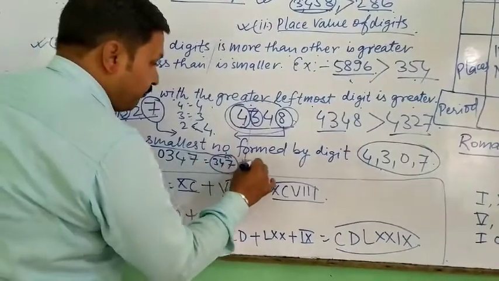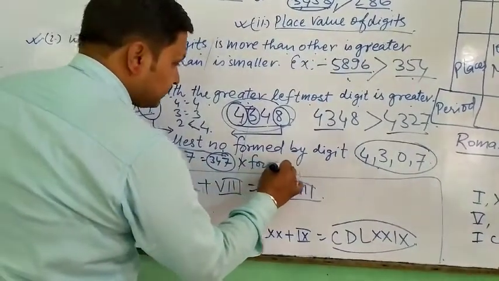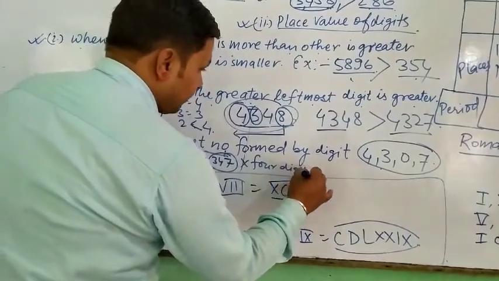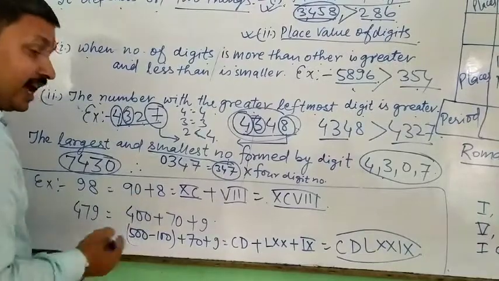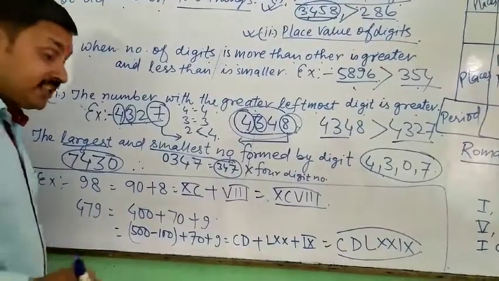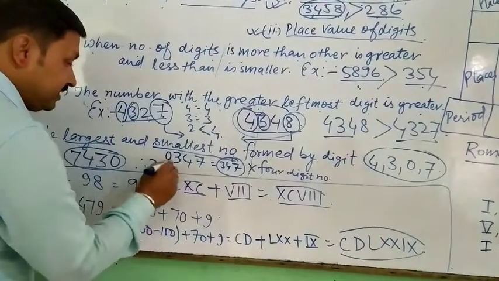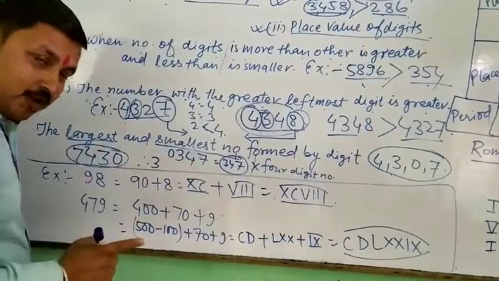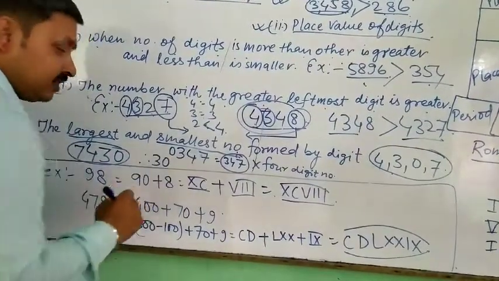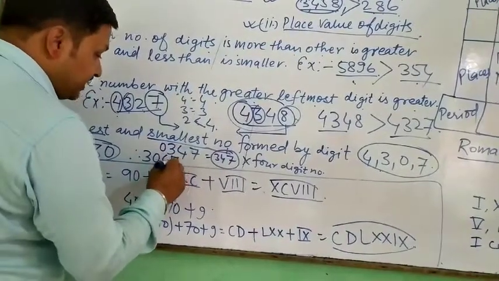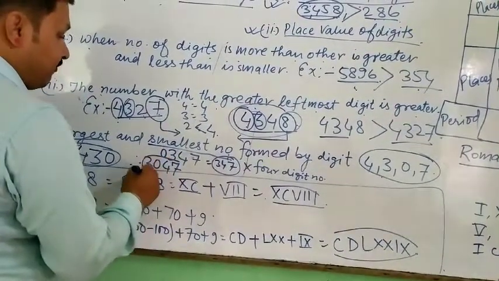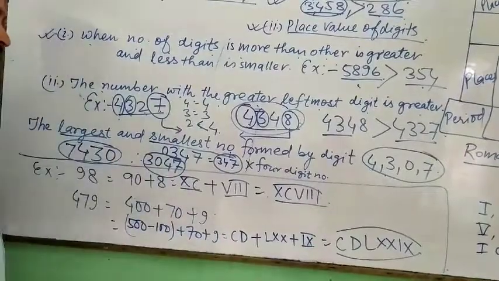This is not a 4-digit number. So we use first the second smallest digit 3, then the smallest digit 0, then the third smallest digit 4, and the last 7, and that is the smallest 4-digit number.